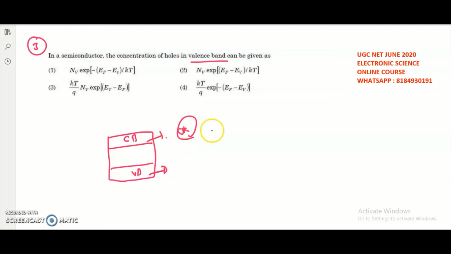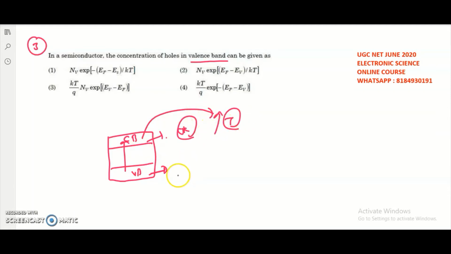If we keep increasing the temperature, then the electrons will jump from the valency band to the conduction band, so the holes will increase in the valency band and the free electrons will increase in the conduction band. So the concentration of holes in the valency band depends upon the temperature, and the concentration of electrons in the conduction band also depends upon the temperature, right?